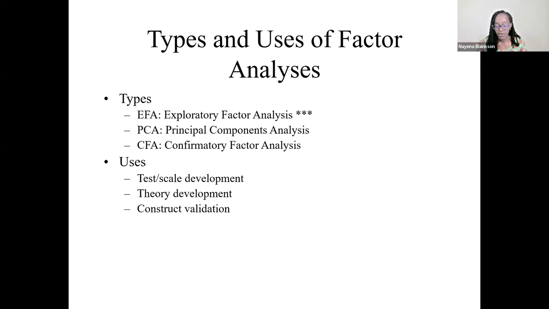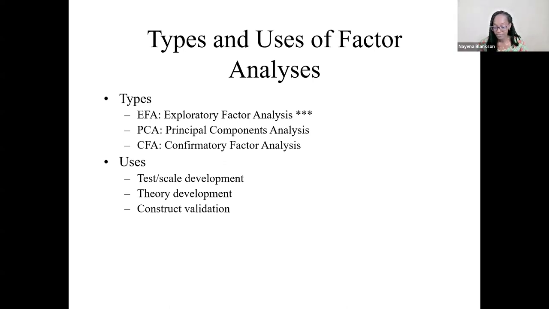It's important to note, however, that a large sample size would be needed to conduct all of these analyses in one study. So the researcher could select a random portion of the data and do the exploratory factor analyses. And based on those results, do a confirmatory factor analysis on another random portion of the data.